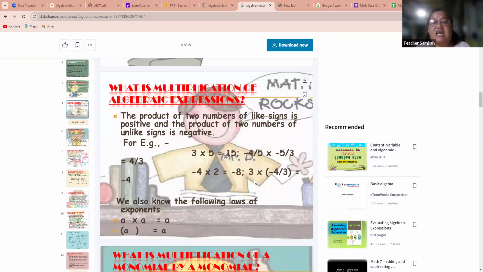Another one is negative 4 times 2 or positive 2, which would give us negative 8. And then 3 times negative 4 over 3, with two different sign integers, would also give us a negative sign.